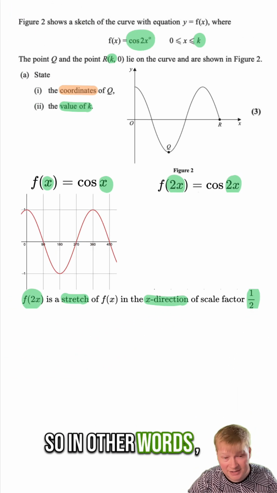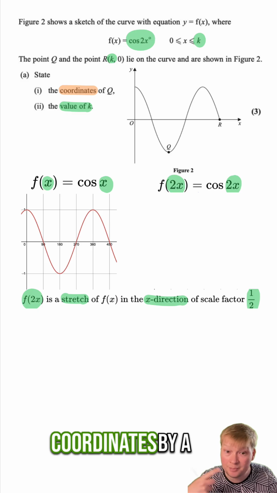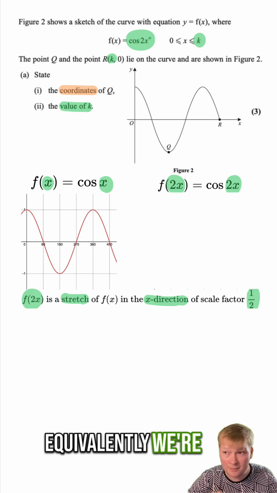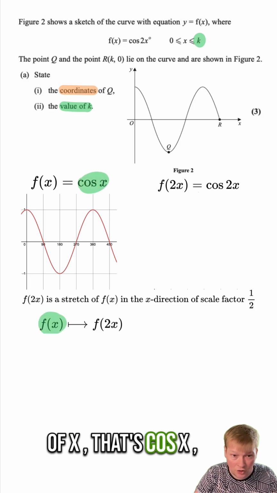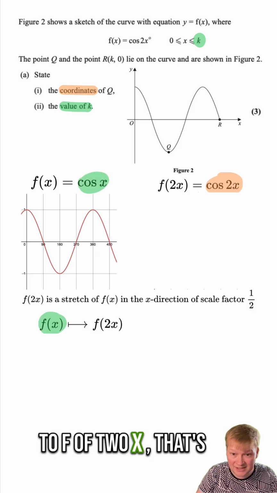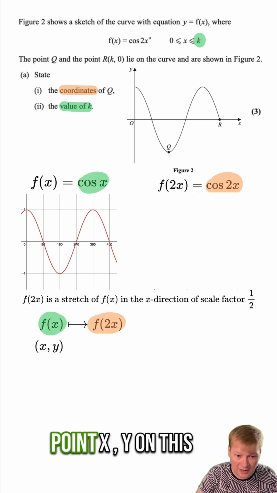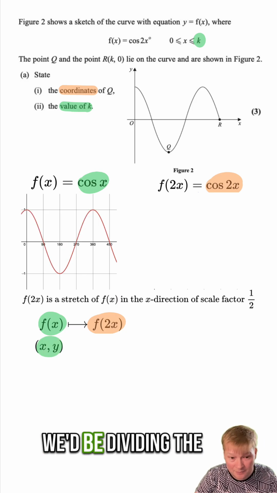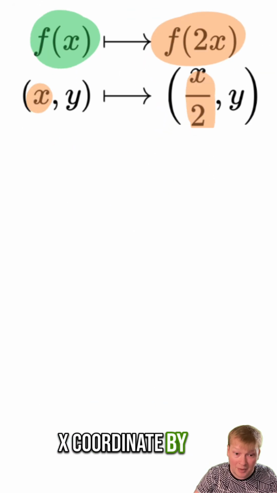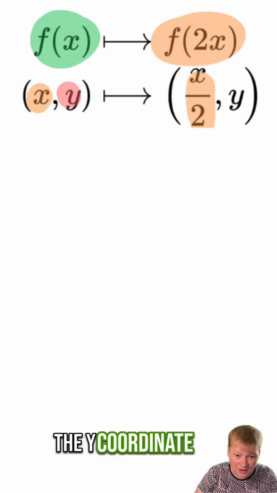So, in other words, we're multiplying all of the x coordinates by 1/2, or equivalently, we're dividing all of the x coordinates by 2. So as we go from f of x, that's cos x, to f of 2x, that's cos of 2x, as we go from a point x, y on this curve to a new coordinate, we'd be dividing the x coordinate by 2, but leaving the y coordinate unchanged.